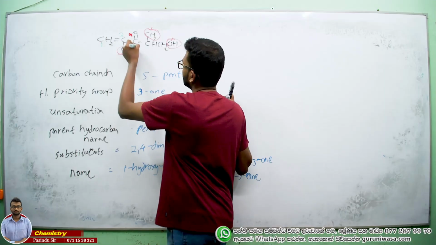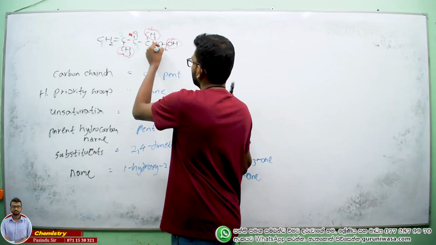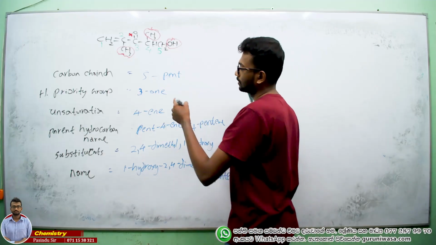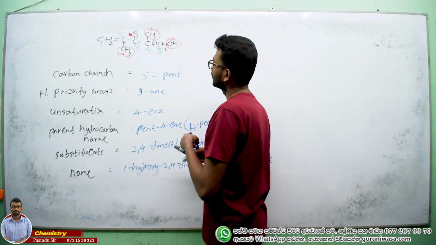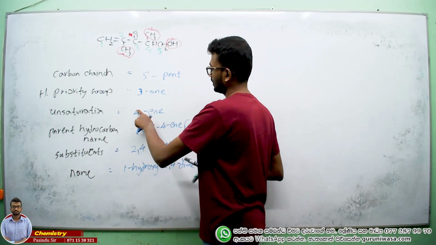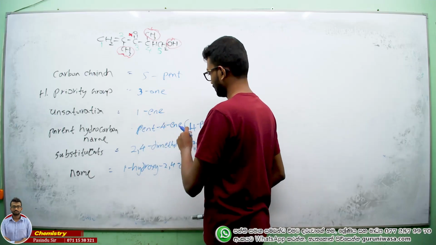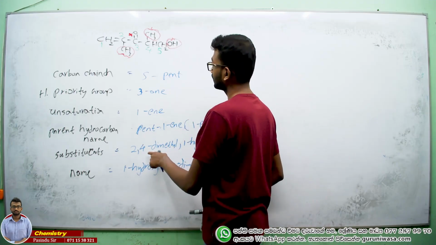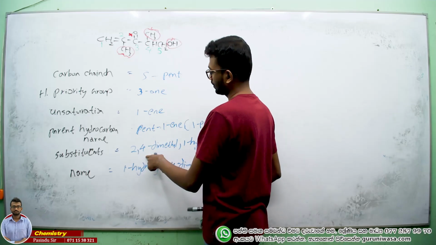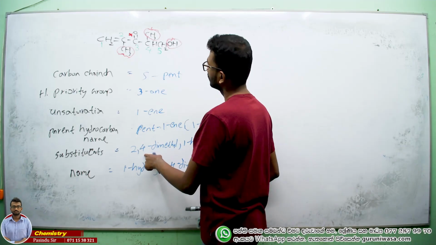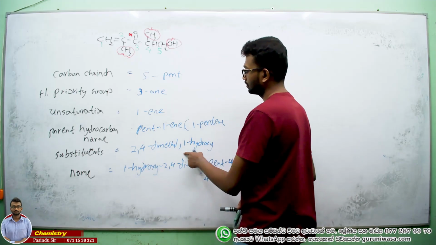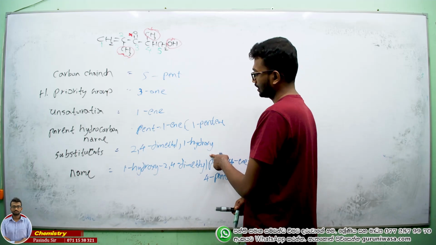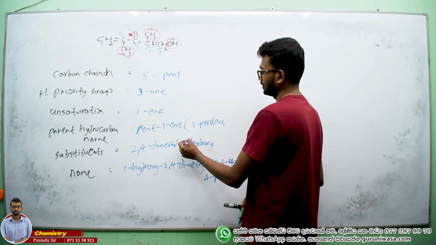1, 2, 3, 4, 5. So the priority group can get 3, it's okay. And ene is 1 in. Here it's 1, everything is 1. And this one is similar, right? 2, 4 dimethyl. Only hydroxy is changed, right?